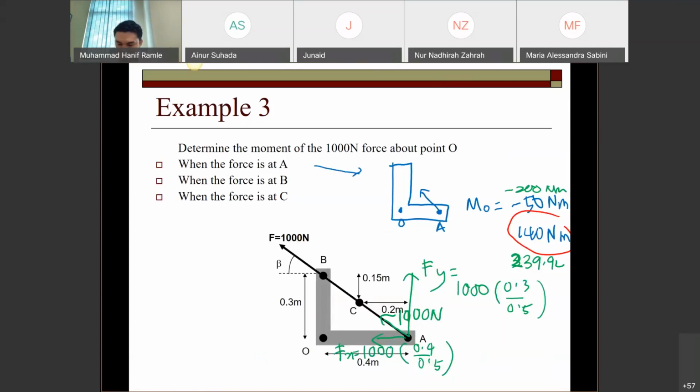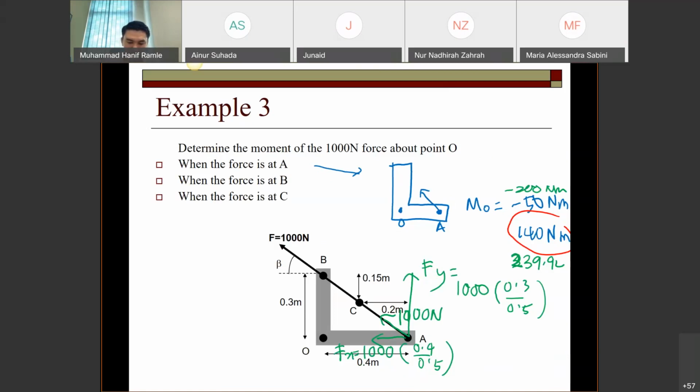Let me check. So this is what I do right now. I resolve into x and y components. You will get Fy equal to 1000 times (0.3 over 0.5), Fx equal to 1000 times (0.4 over 0.5). This is component x and component y.